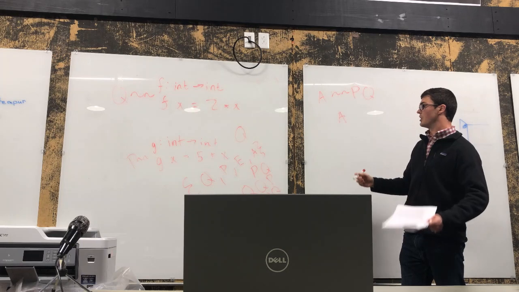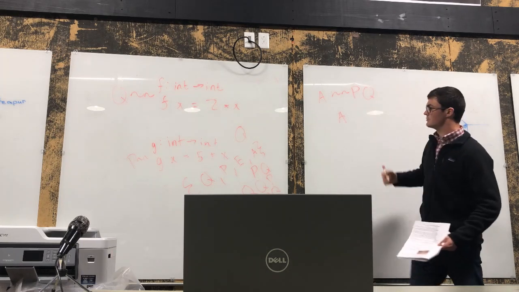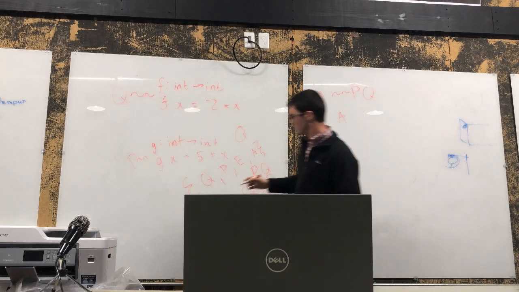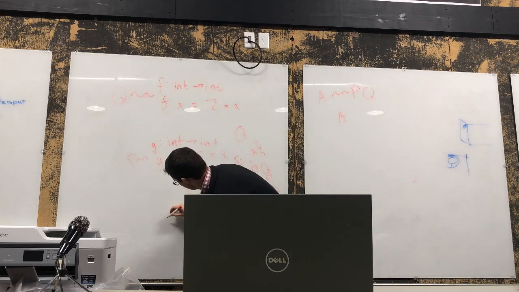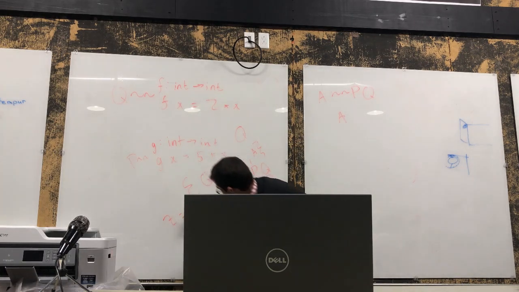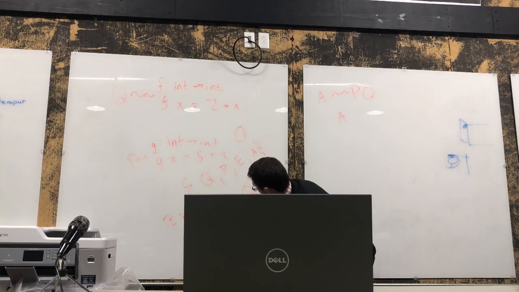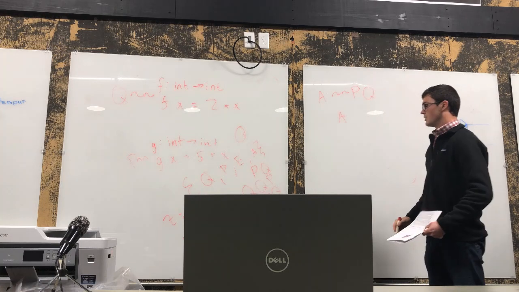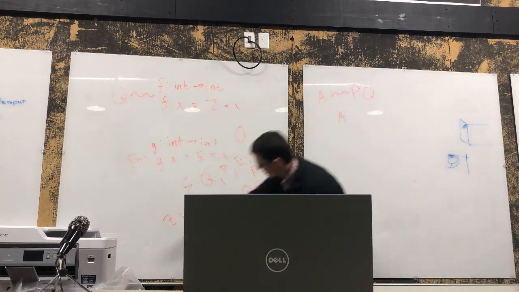So if we write a third one, who wants to make up the function right now? Let's call it Z is of type bool to bool, and then ZX is equal to not X. I don't know, I'm just making something up. So now, if we name this, we could name it A.